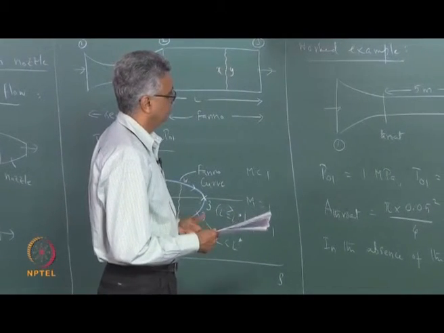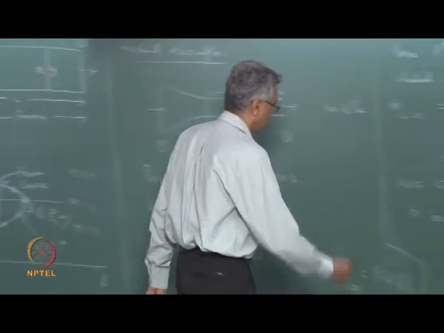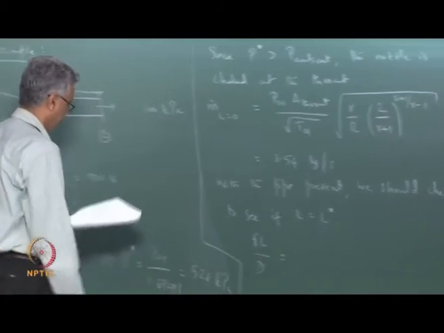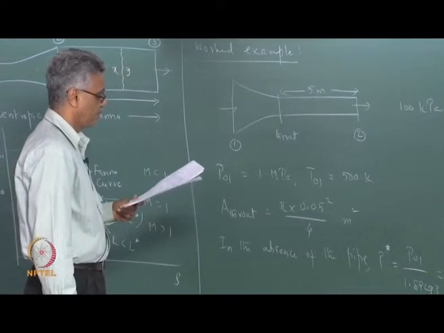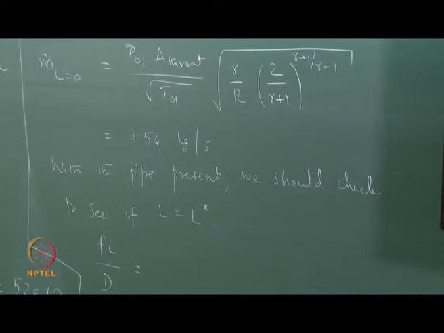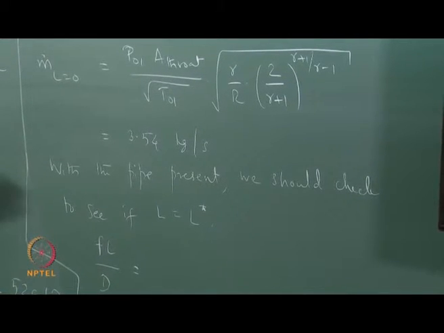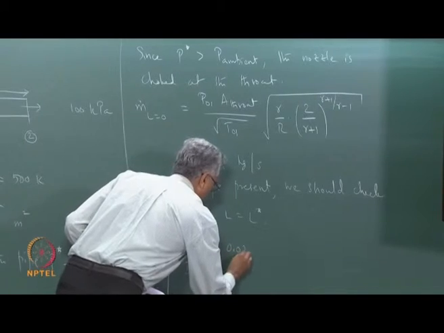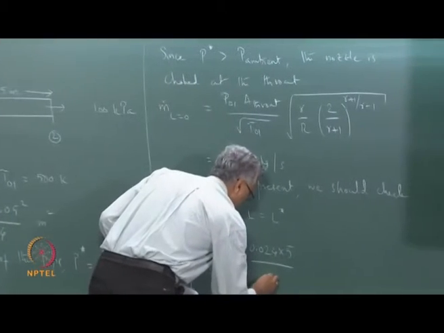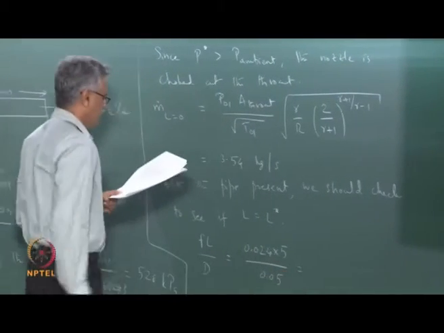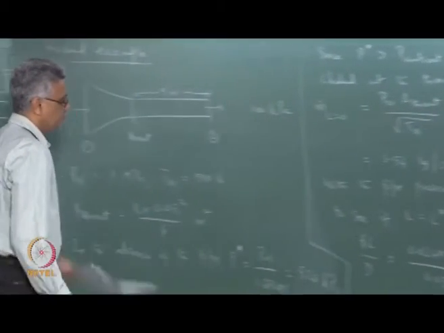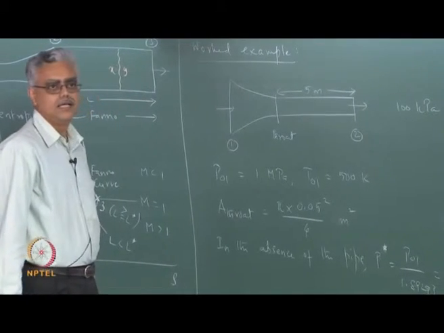So we go to the Fano table, F is given to be 0.024. So F times L over D is equal to 0.024 times 5 divided by D, which is 0.05, and if you evaluate this, it comes out to be 2.4, and we assume this to be L star, right?